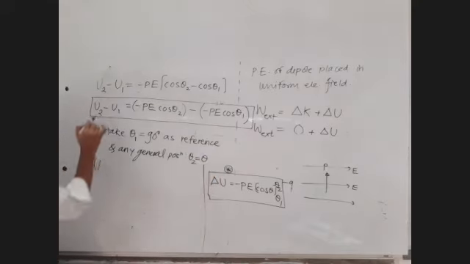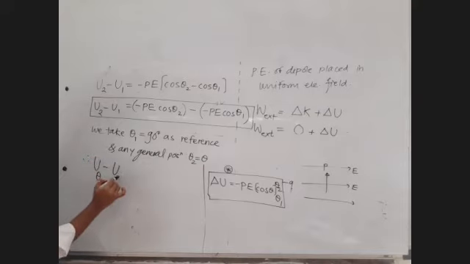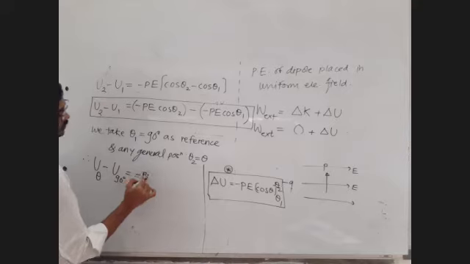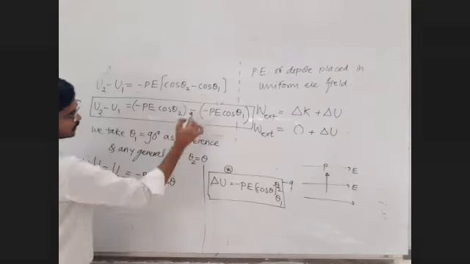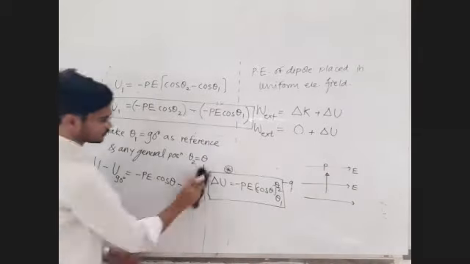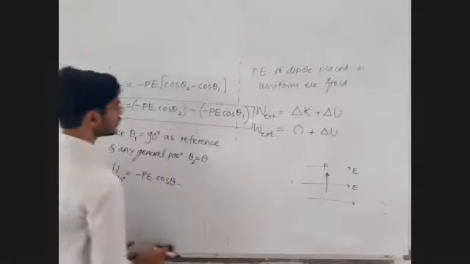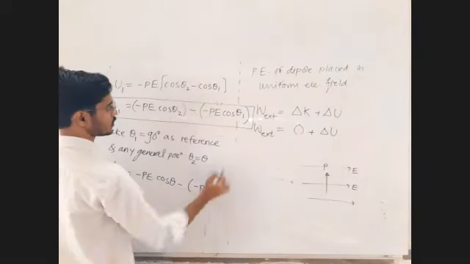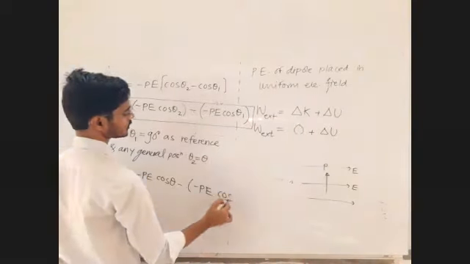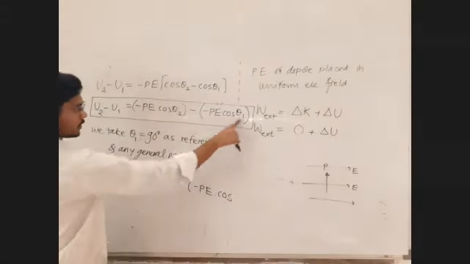Therefore, potential energy for the position theta minus potential energy for the position 90 degrees is equal to minus PE cos of, instead of theta 2 put theta, this minus sign as it is, and cos of theta 1, which is 90.